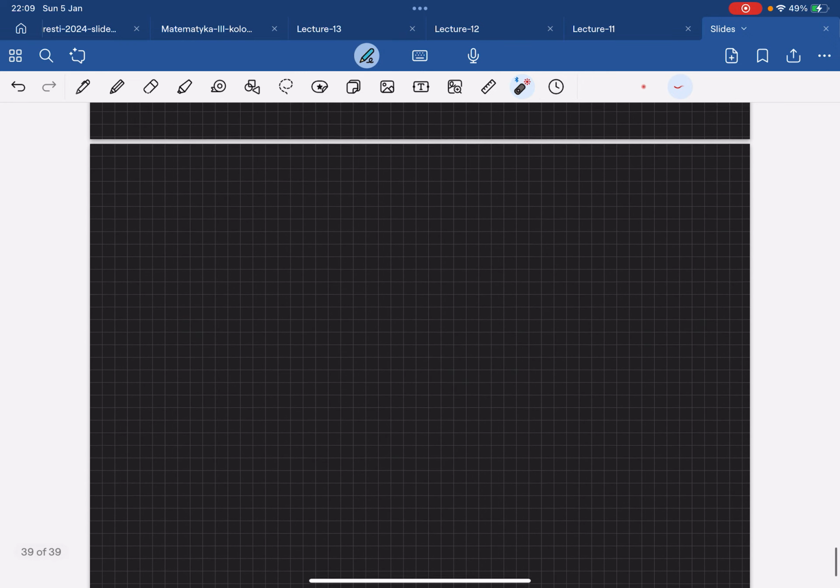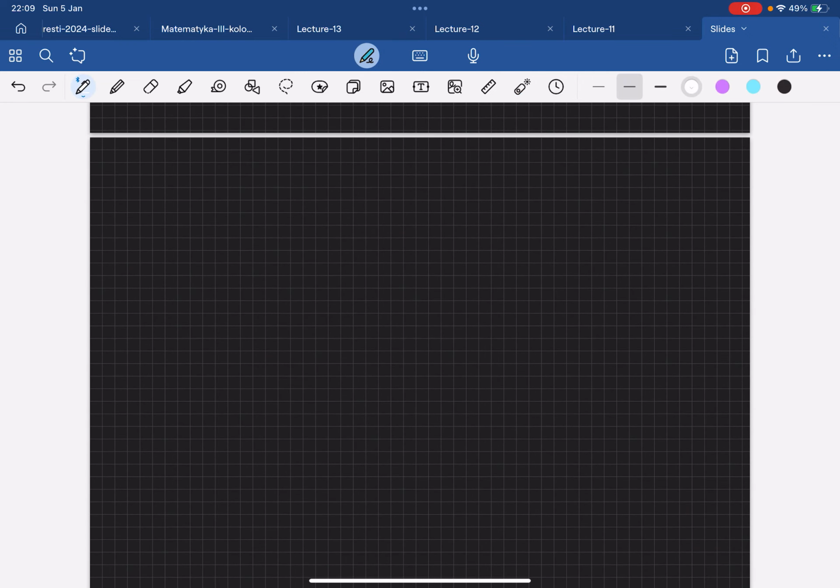Again, we can look at the variance of x_alpha.